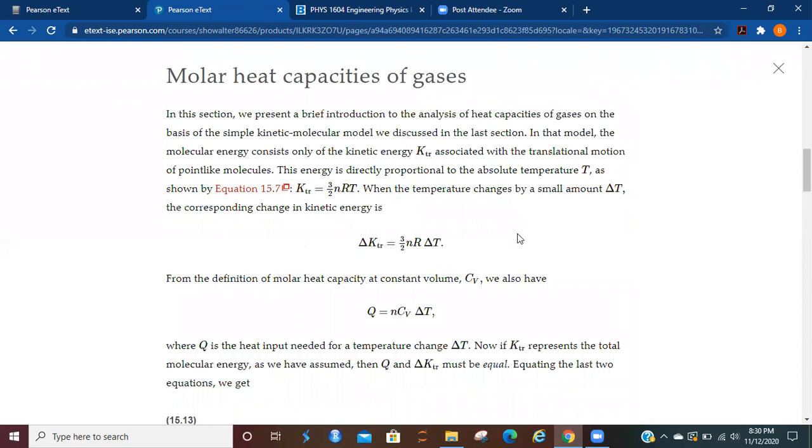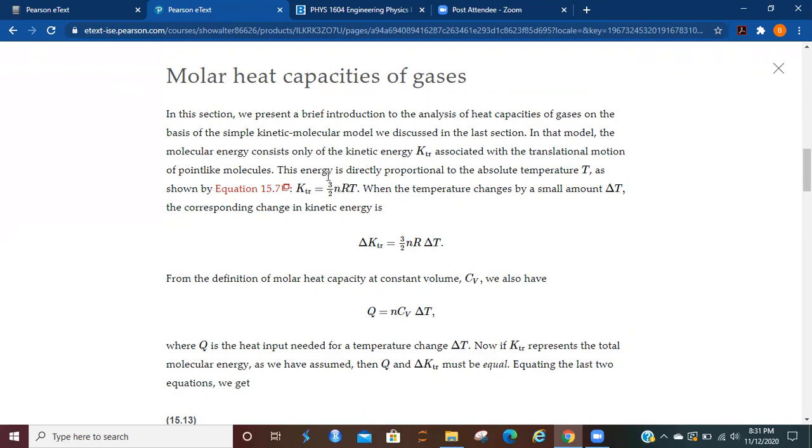All right. So in this section, you're going to see a brief introduction to the analysis of heat capacity of gases on the basis of simple kinetic molecular models we've discussed in the last section. In that model, the molecular energy consists only of kinetic energy associated with a translational motion of point-like molecules.